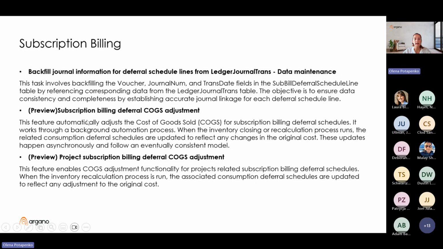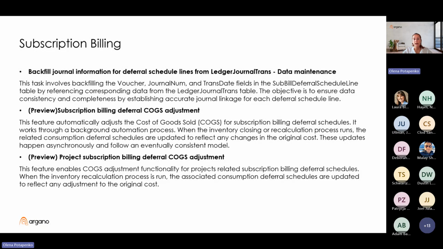And two more features for the subscription billing module are in preview, and both of them relate to deferral COGS adjustment. The first one is in general, and the second one is related to projects. This feature automatically adjusts the cost of goods sold for subscription billing deferral schedules. It works through a background automation process.